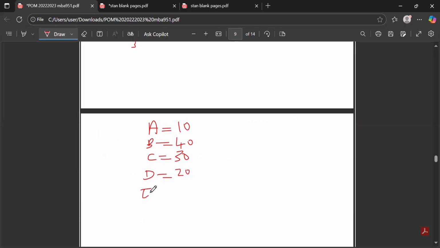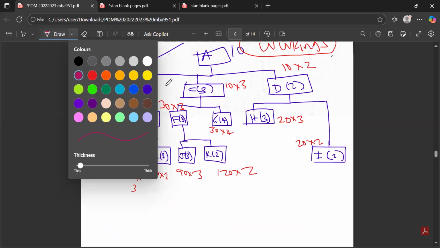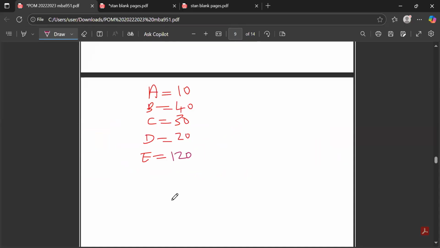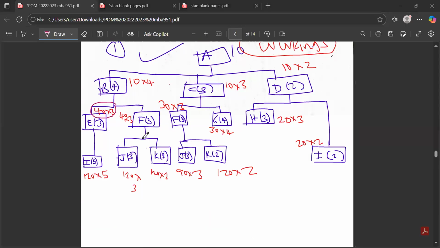Then for E, we are going to add 120. So it will just be 120 there. For E, it's 120, all right? So E is 120 as for this product.